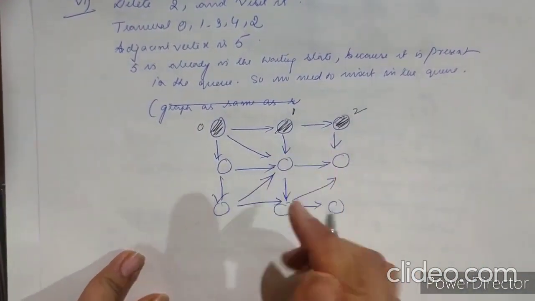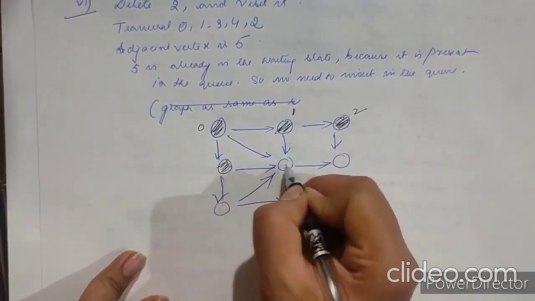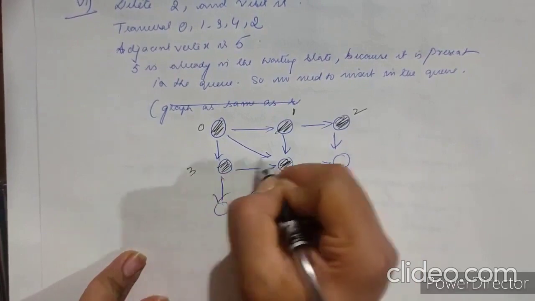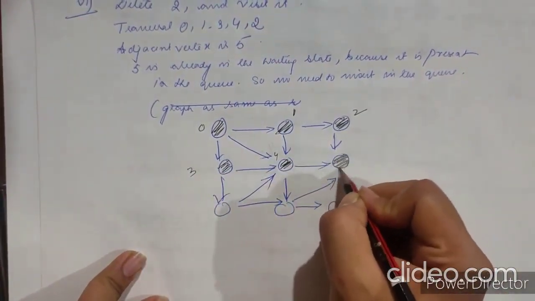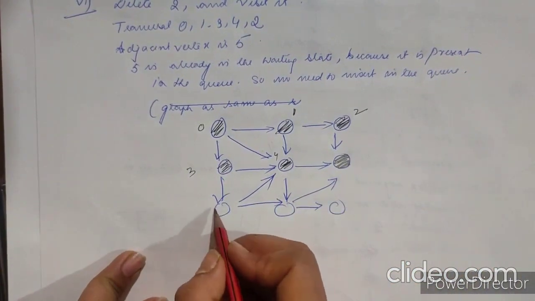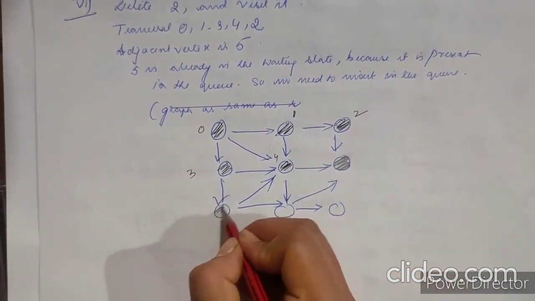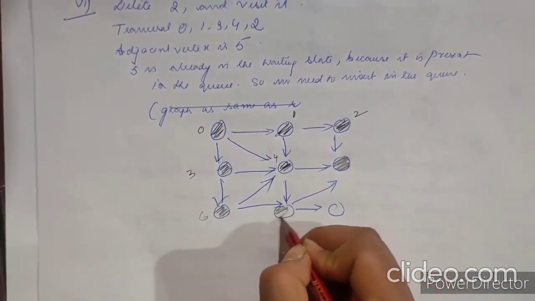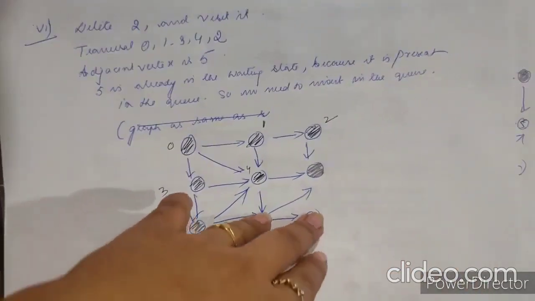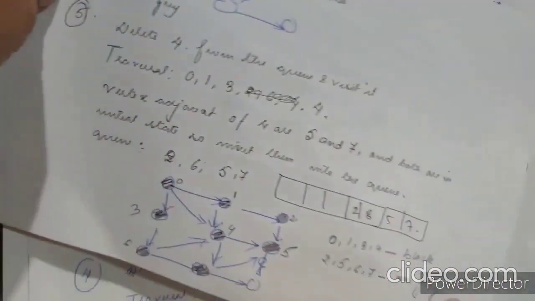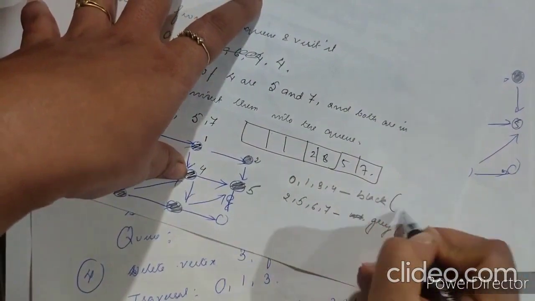Now what about 3 and 4? 3 is also removed, 4 is also removed, 3 4 is gone. 5 is in the highlighted state, and 6 is also still there. So 6 will be highlighted, 7 is also highlighted, in the waiting state, right? This is in the waiting state and this is deleted.